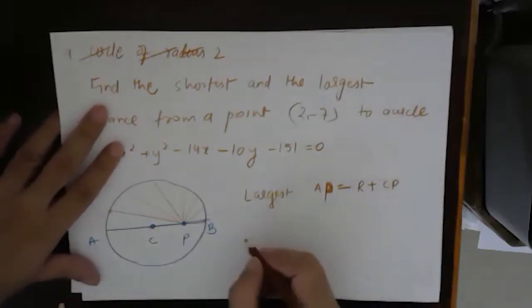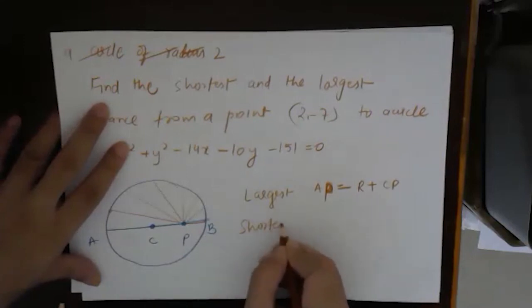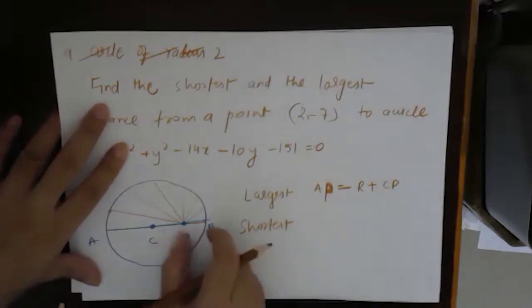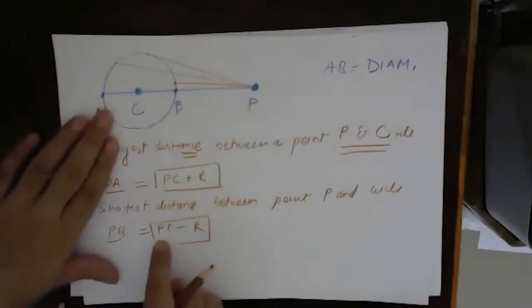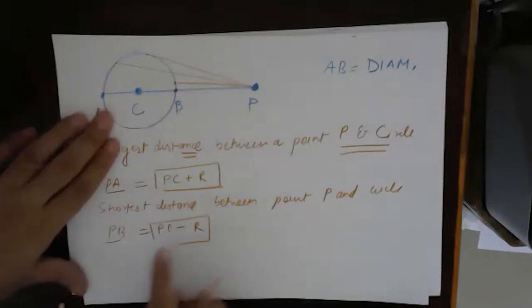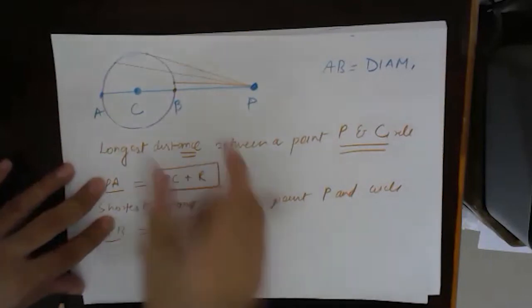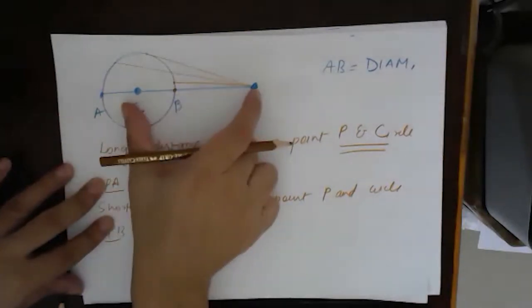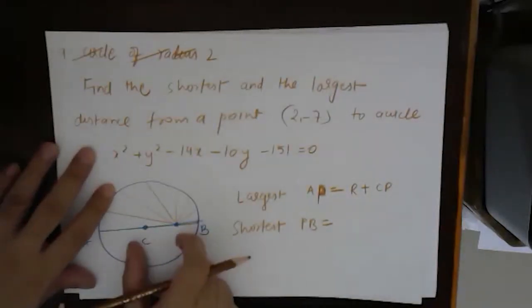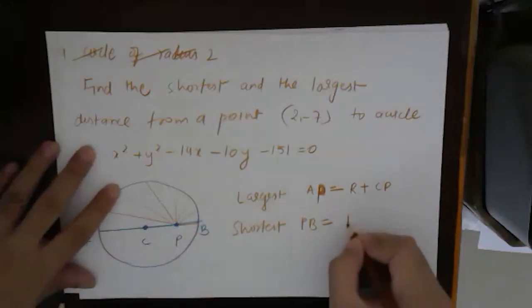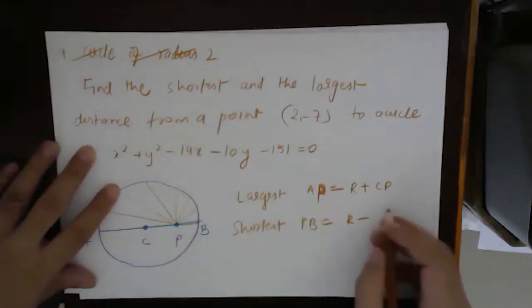Understood? Now, the shortest distance will be PB. In the previous case, we subtracted: PC minus R. In this case also we will subtract, but because PC is shorter than the radius, it will be R minus PC.